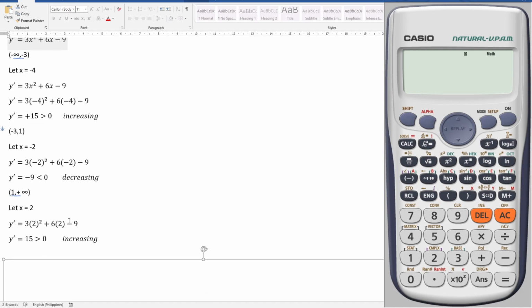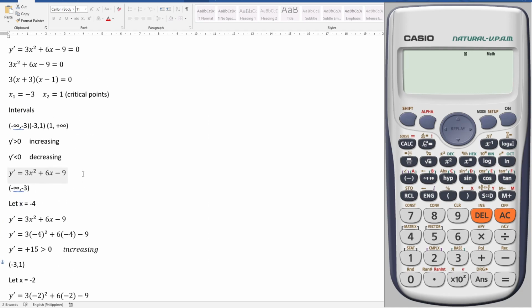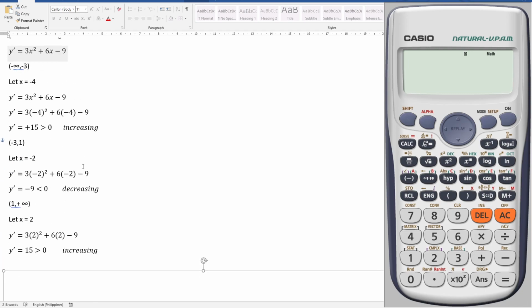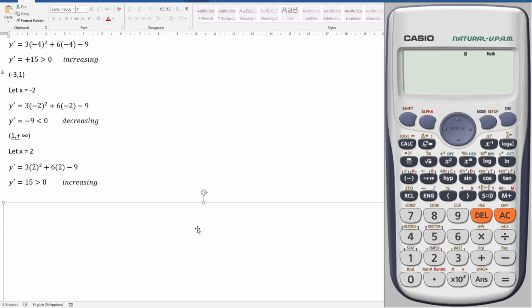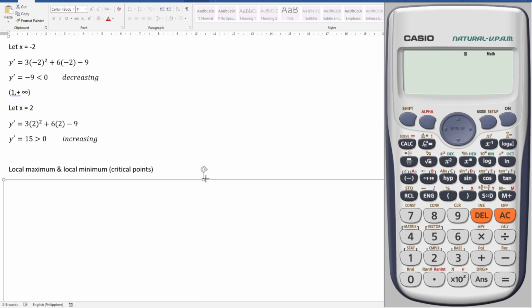And then, as I told you, do not forget the critical points. The critical points are also the location of the local maximum and the local minimum.